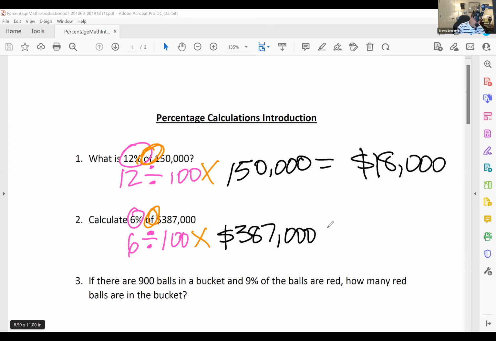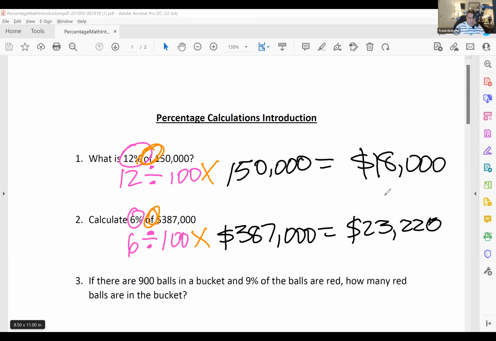Now I've got all the numbers I need to type into my calculator. So 6 divided by 100 times 387,000. That is 23,220. And it's dollars because it says of dollars.